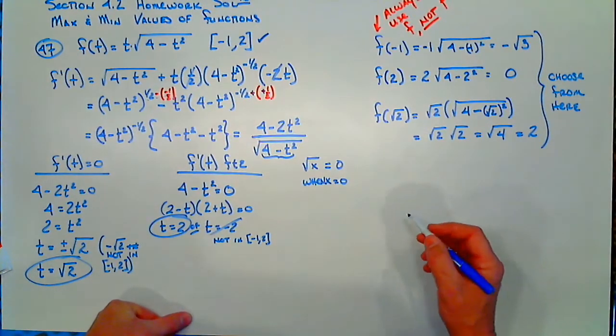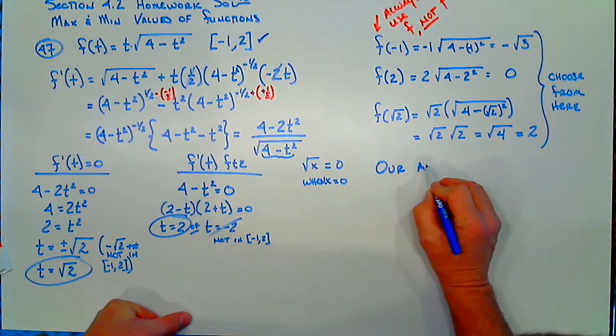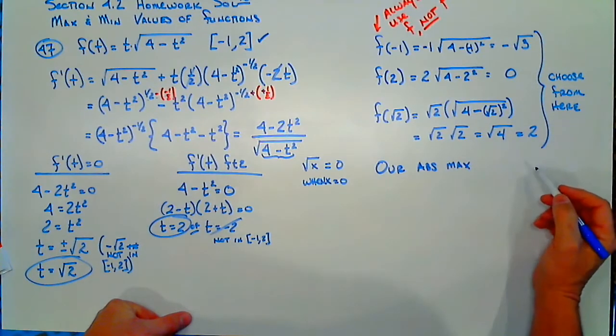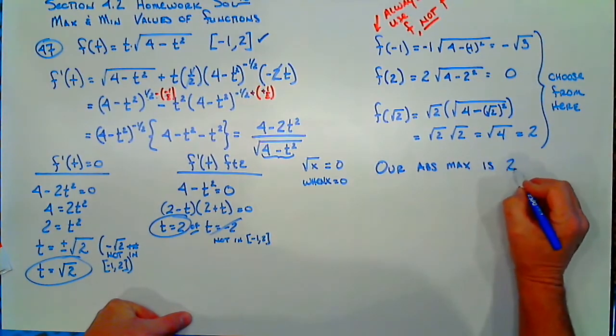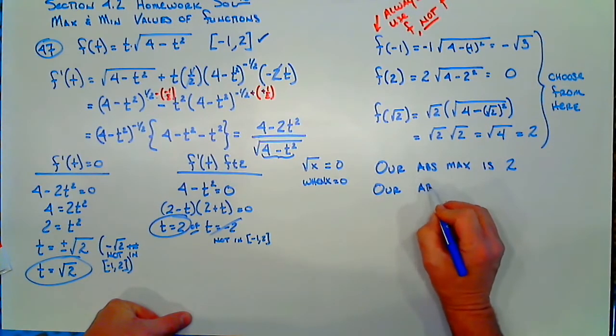So what are we supposed to find? Our absolute max, right? Well, our absolute max is 2. Our absolute min.